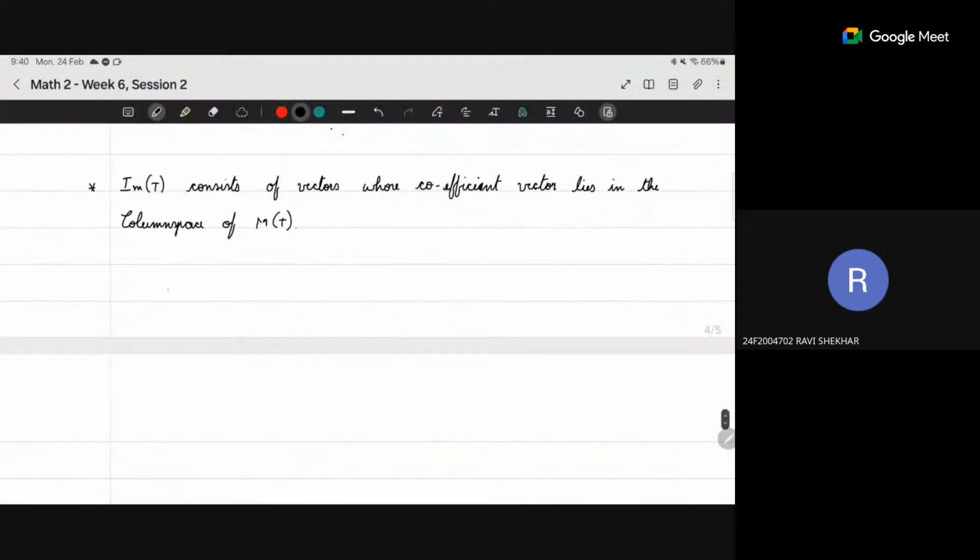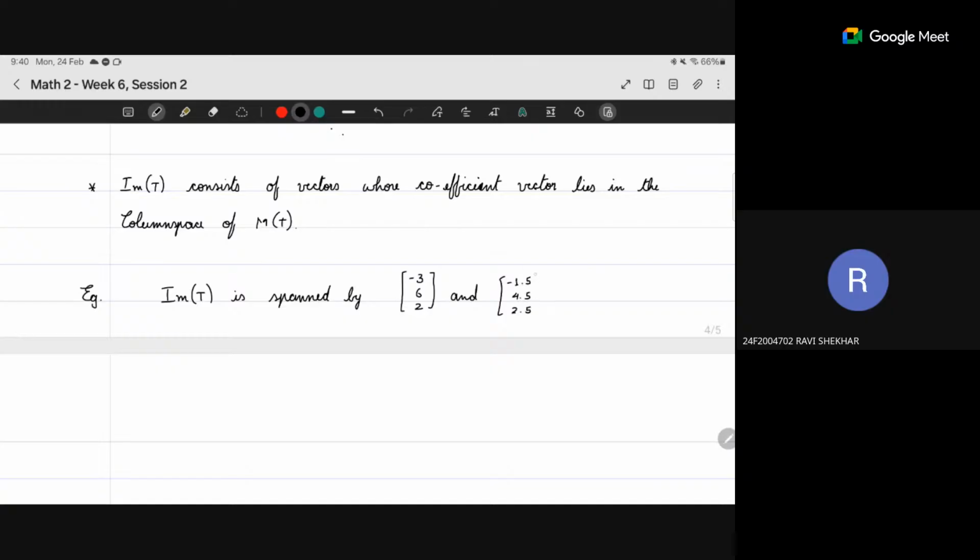So in the given example, the image of T is spanned by, what was it? It was (-3, 6, 2) and (-1.5, 4.5, 2.5).